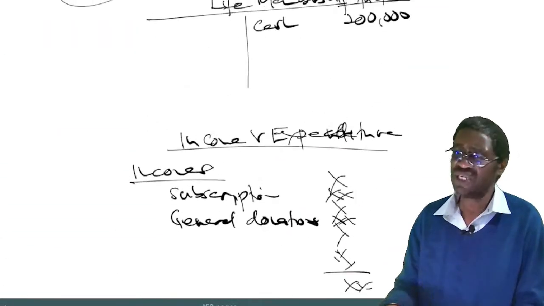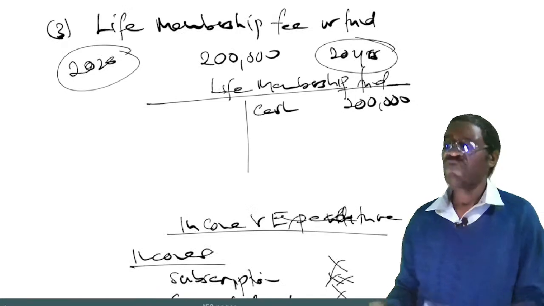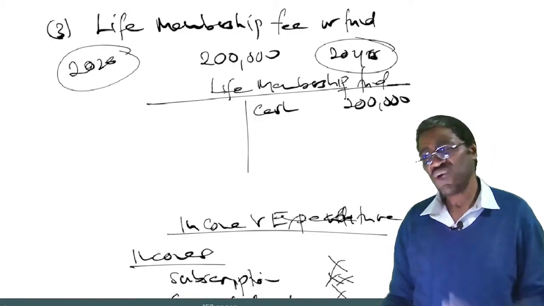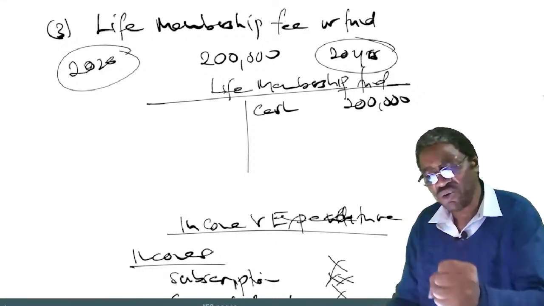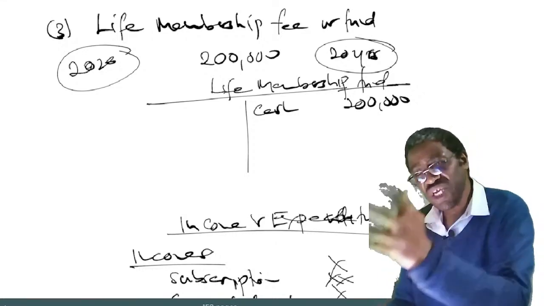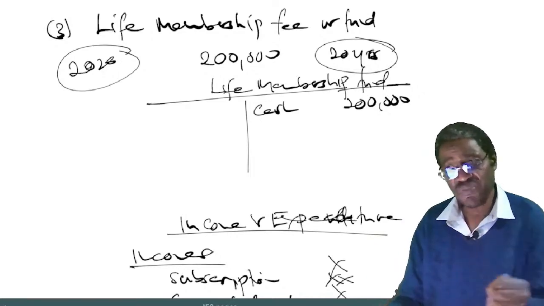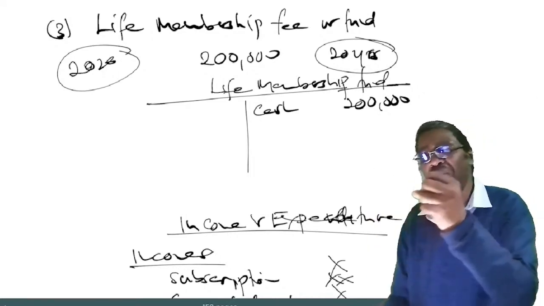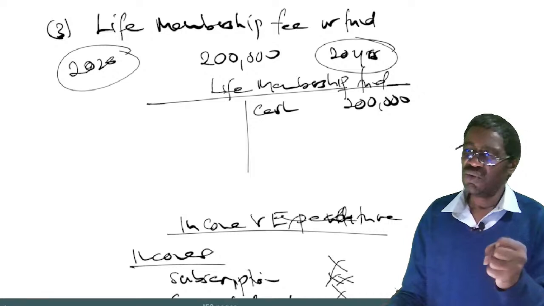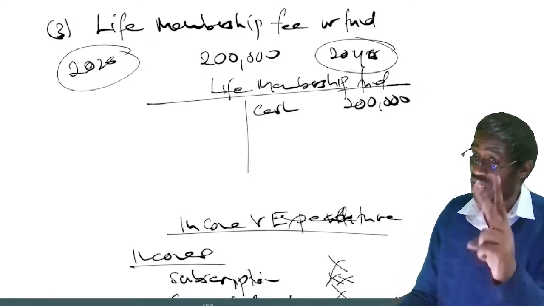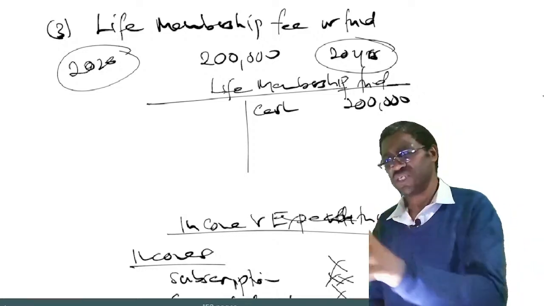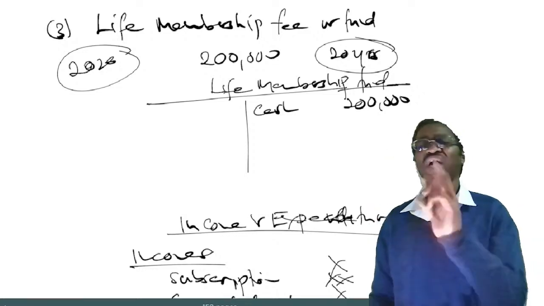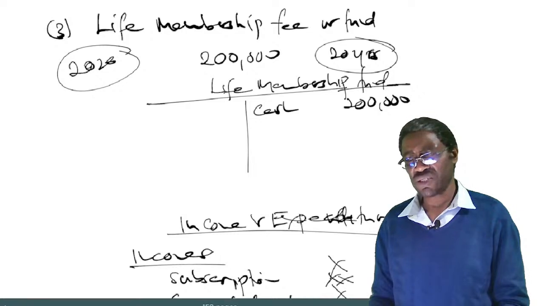But now I'm saying here, listen, from this fund account, we have received 200,000. We need to be transferring part of it every year to the income and expenditure. How much has the club earned? We have not earned 200,000. That one we shall earn over the next 20 years. So every year we should recognize how much.